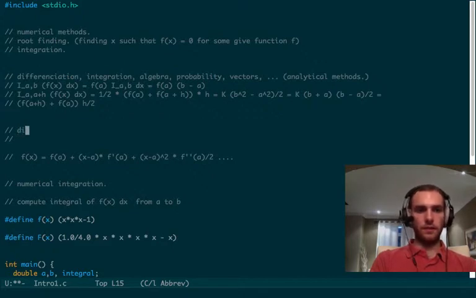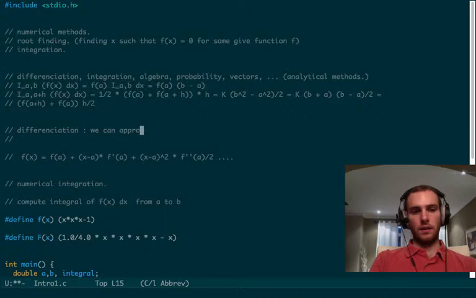So when we talk about differentiation, we can approximate f prime at a in terms of f at a and f at b, or x minus a.